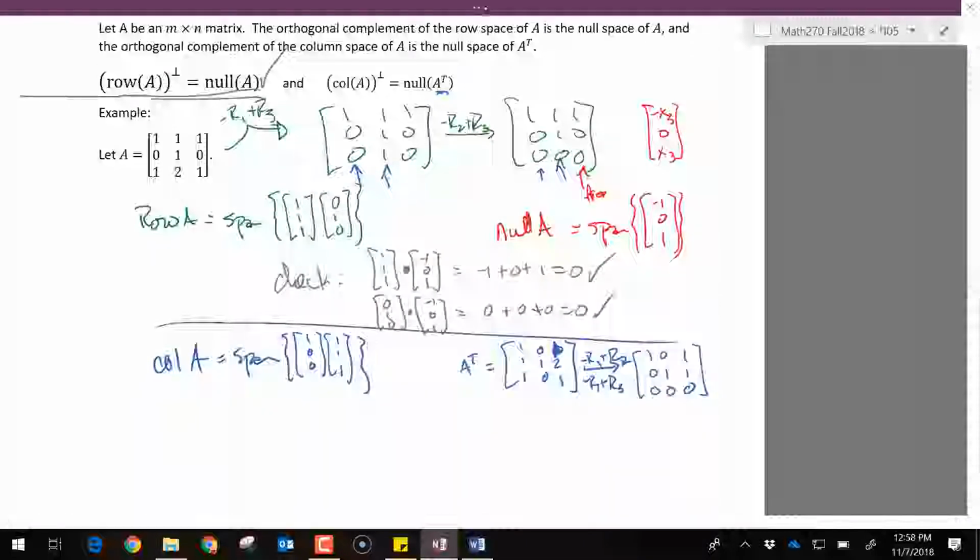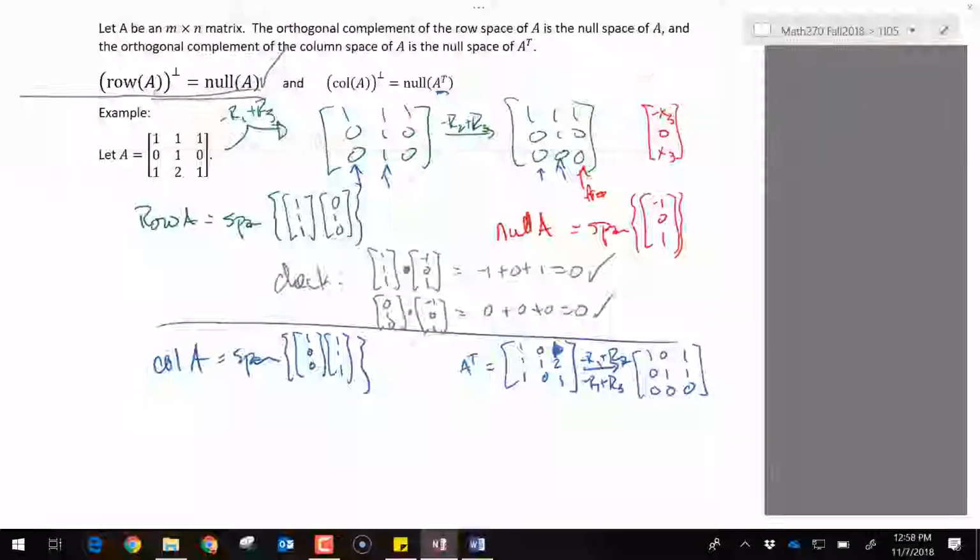So the null space of that, if we take a look at this, we got a free variable here, so x3 is free, and then we have x2 is negative x3, and x1 is also negative x3.